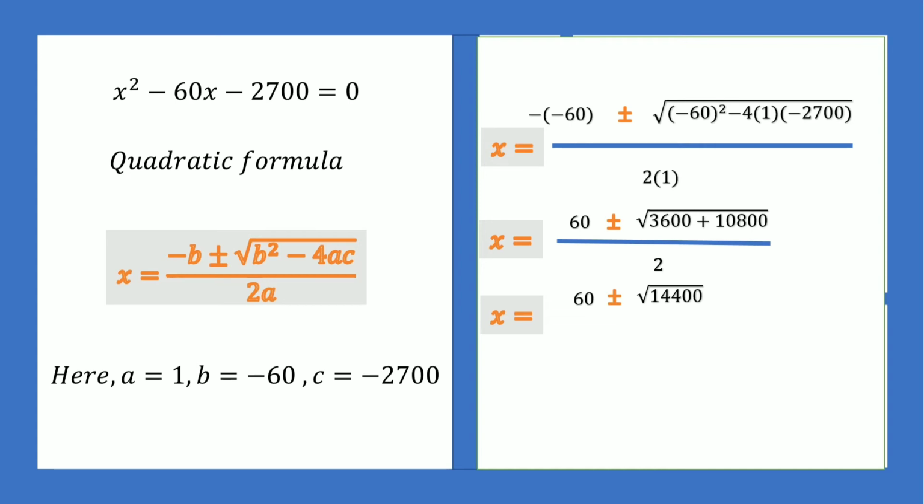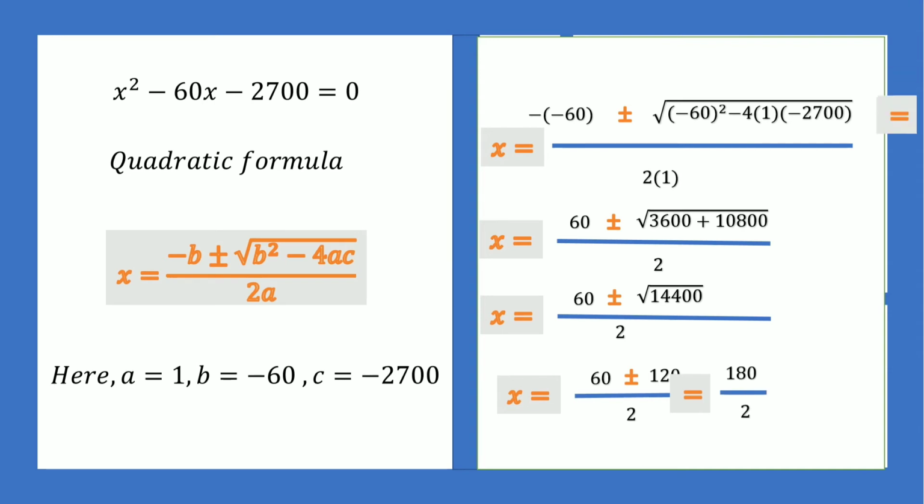On adding these two we get 14,400. The square root of 14,400 is 120, upon 2. We have to take only the positive value, that is 60 + 120 = 180 upon 2, which is 90.